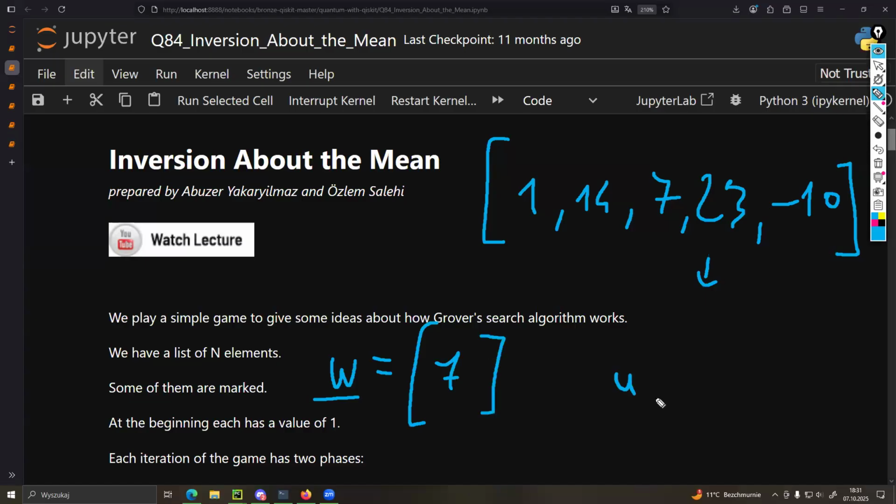And I have something like unwanted elements, and this is the rest pretty much. So there is 1, 14, and so on and so forth.